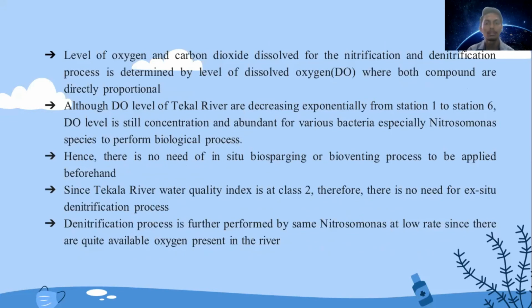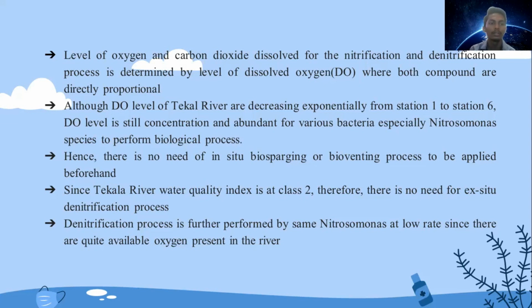There are two important things to be included in the nitrification and denitrification process, which is the level of oxygen and carbon dioxide dissolved. These two compounds can be determined by the level of the dissolved oxygen, where both compounds are directly proportional. Meaning that if the level of oxygen dissolved is high, the level of dissolved carbon dioxide will also be directly proportional to the oxygen.